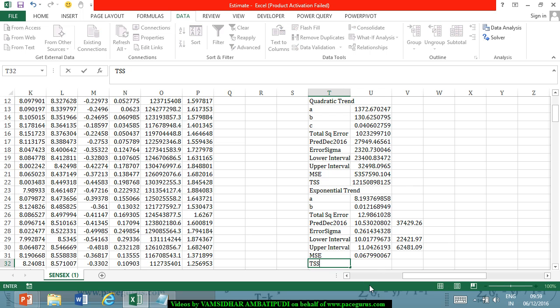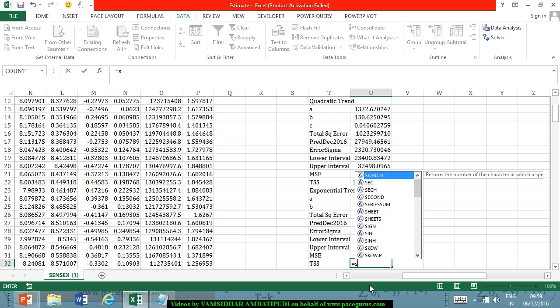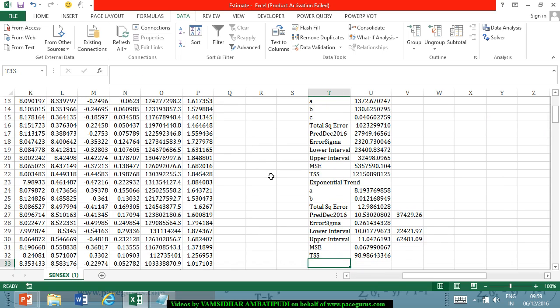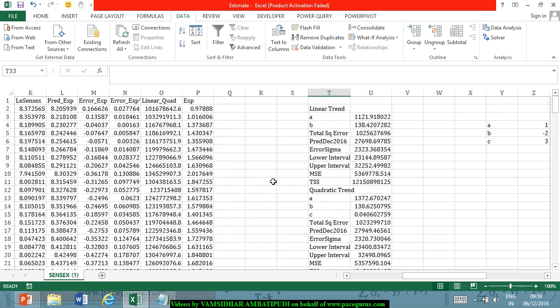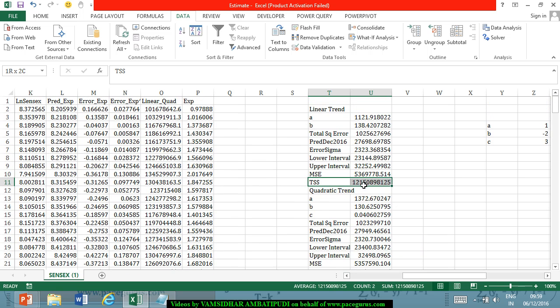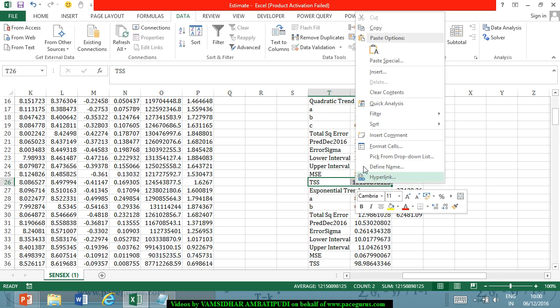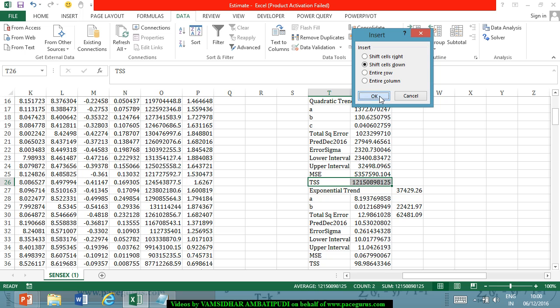Whereas here the total sum of squares will be different because we have done it on the exponential. So this is what is coming out as the total sum of squares. And based on this, I should be able to compute the r squared of the model, which is going with that formula that I have shown.